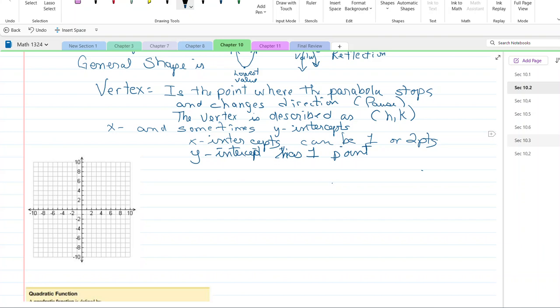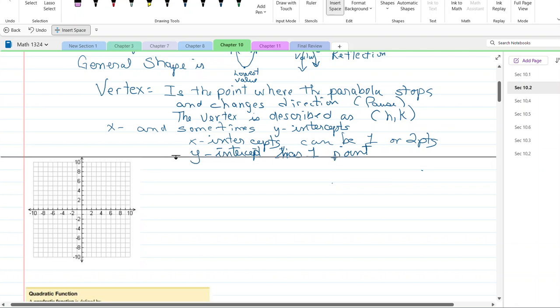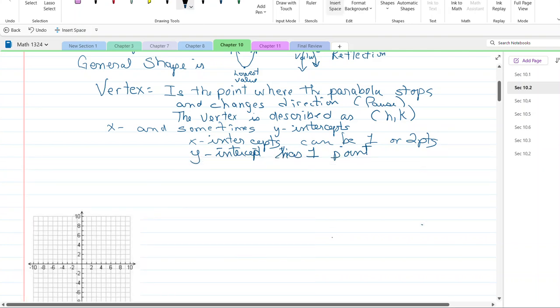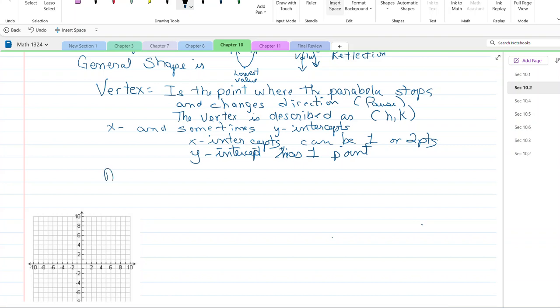All right. Well, what else does it have? Well, it has extremities, and well, let's talk first about the axis of symmetry. Because it does have this.